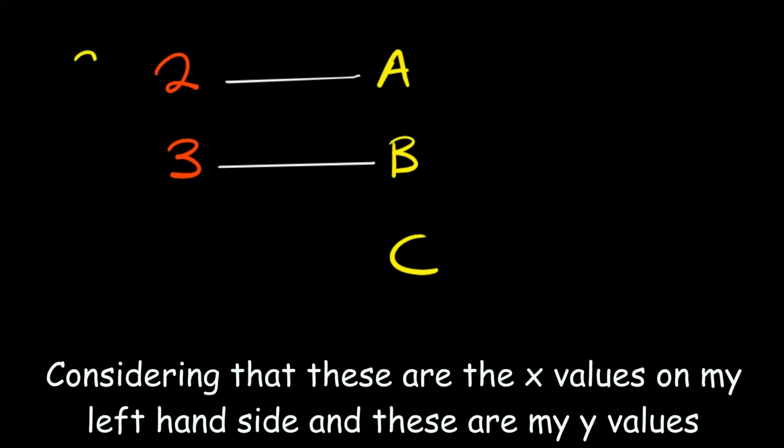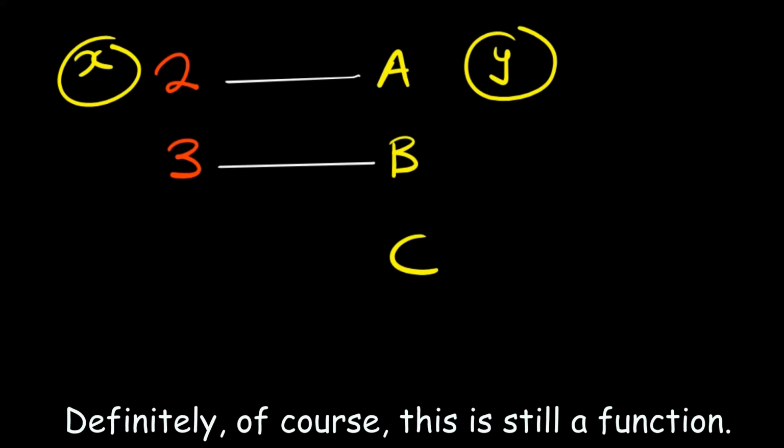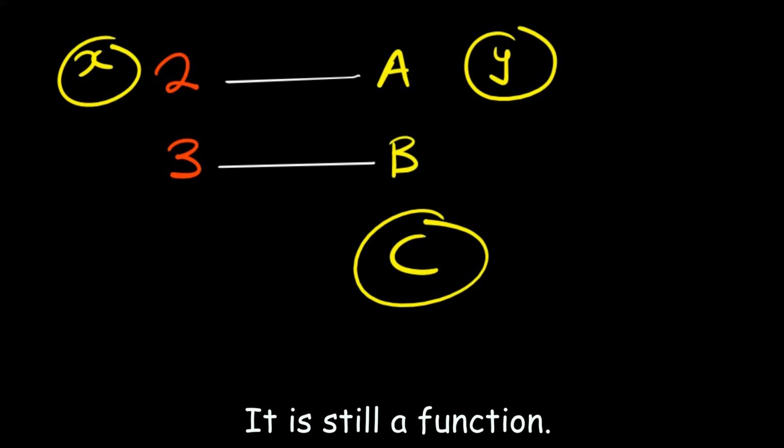Considering that these are the x values on my left hand side and these are my y values on my right hand side, is this going to be a function? Definitely, of course, this is still a function. You can have a value in the output not relating to anything in the input. Okay, it is still a function.